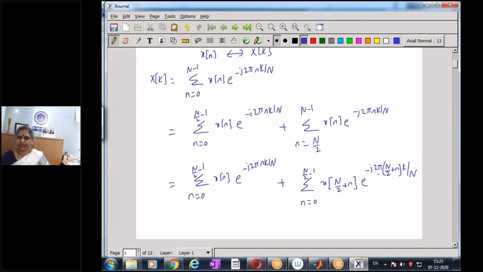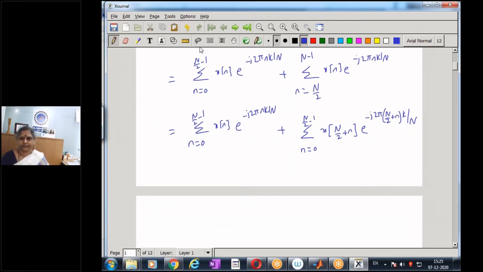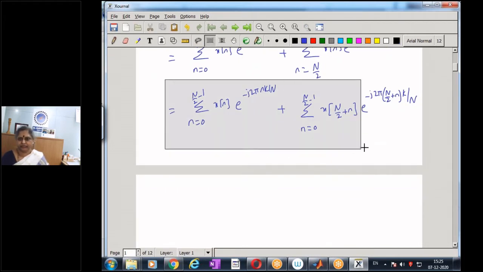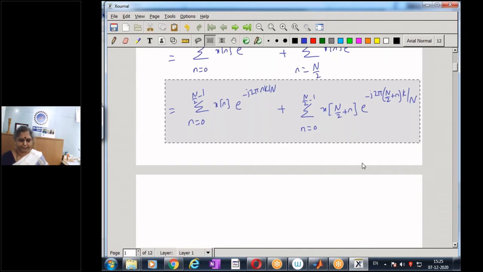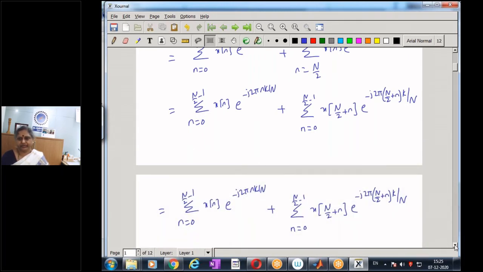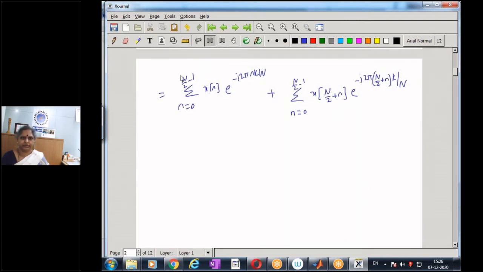Now here I have two terms. So let's write this again. What we have now is my x of k, and here I can split the second term into two terms.